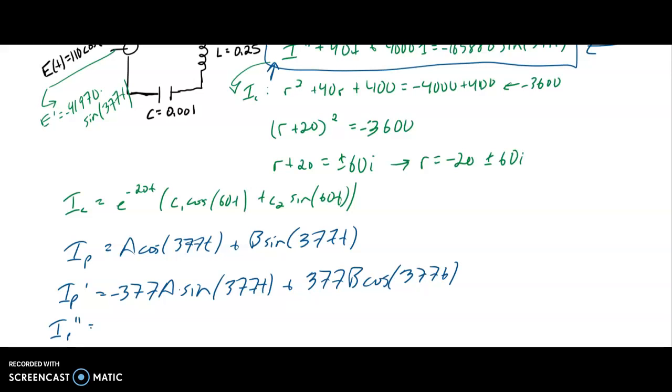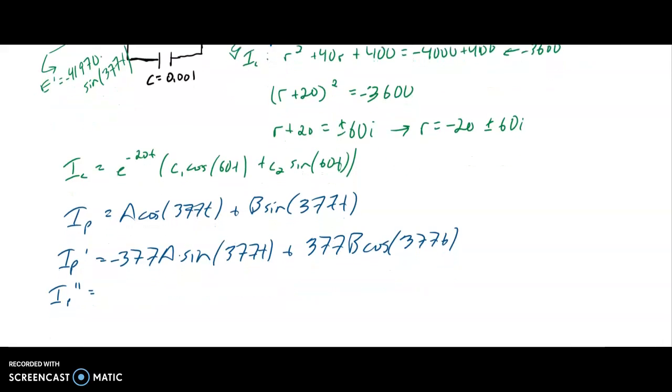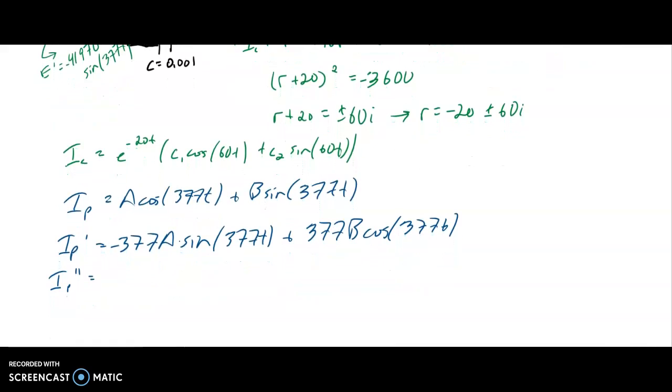IP double prime is equal to, all right, we've got a negative. I'm just going to write it as 377 squared A cosine of 377t. To me, it's easier to do that than to actually square 377. I'm going to use my calculator to do this work anyway.